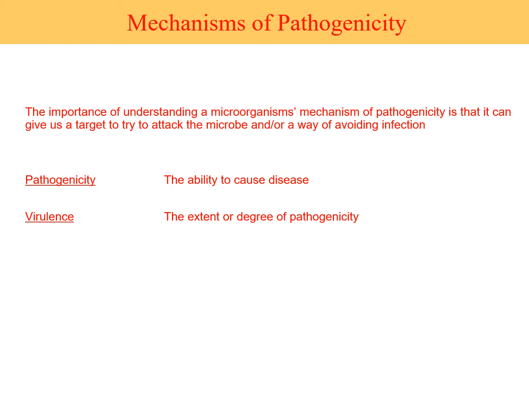And it might also give us a way of at least avoiding infection. So these are major bonuses of trying to understand what mechanisms the microorganism uses to cause disease. The extent or degree of ability of an organism to cause disease is its virulence.